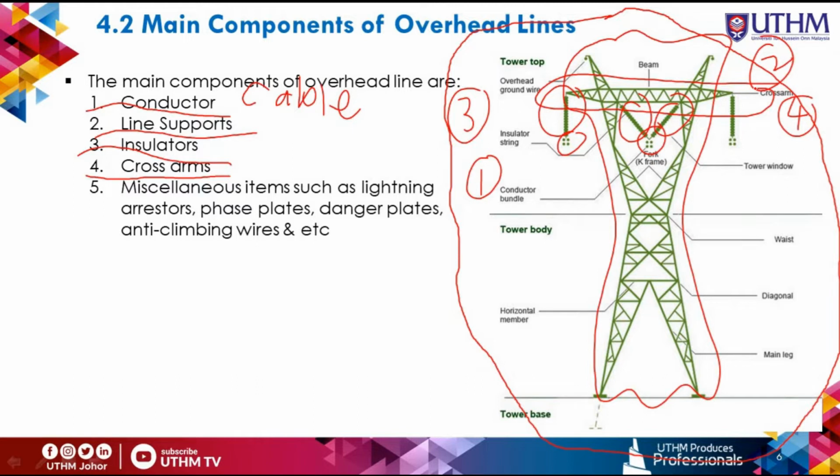You can see here, it is attached with the insulators and also the cable, so it will support the insulators. And then also we have the miscellaneous items such as lightning arresters, phase plates, danger plates, anti-climbing wires, and etc.